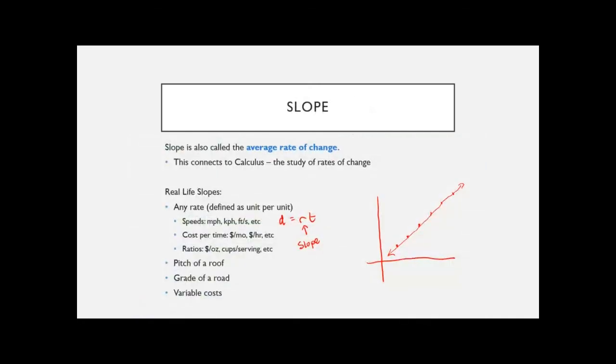And then grade of a road, that's another one. The grade is usually given as a percent, but it's the same thing. They just calculate slope and then they turn that number into a percent. But it's literally a slope. How much are we changing vertically divided by how much are we changing horizontally? So these things are there in real life, and you're working with slopes. You just have no idea because it's never been defined as such.